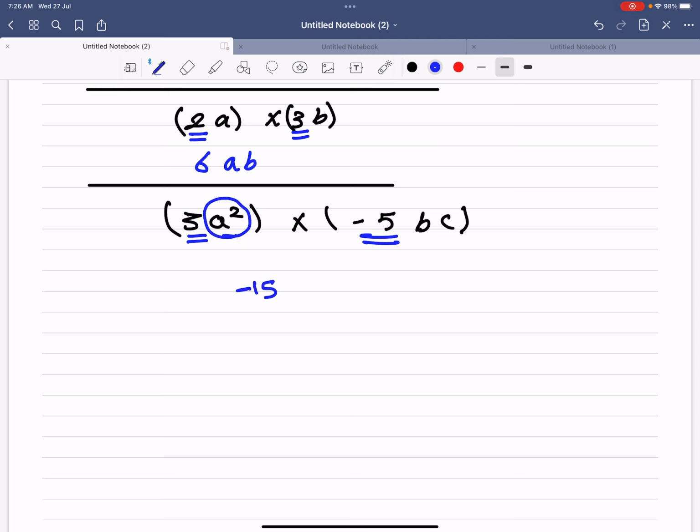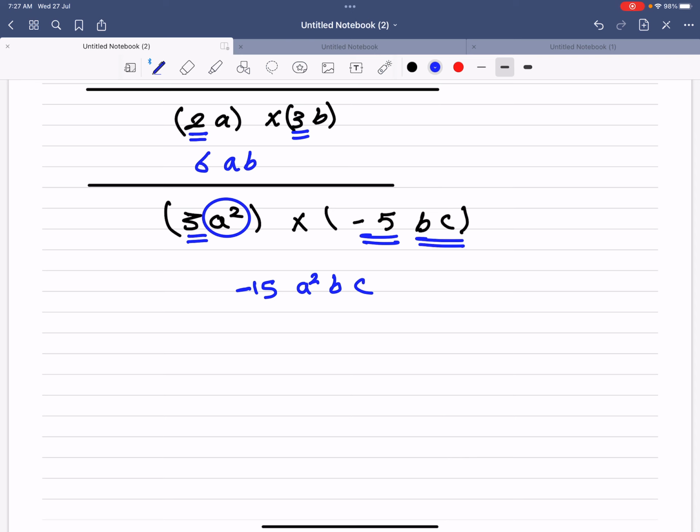Okay Mr., a power 2, but we don't have a in the second term, so you have to bring it down. We have a power 2 repeated just one time, so you have to write it down. We only have one b, it will be written again, and we have one c, it will be written again, so it will be negative 15 a power 2 bc.